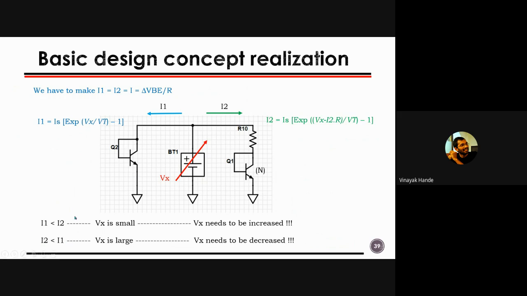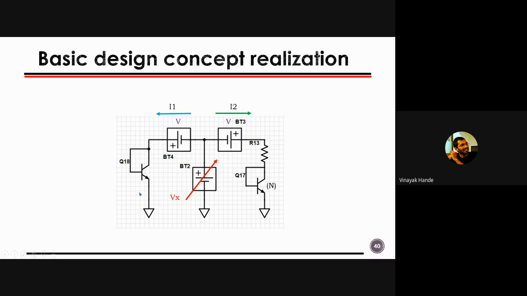From here you can see that if I1 is smaller than I2, Vx is small, and Vx needs to be increased to achieve I1 equal to I2. If I2 is smaller than I1, Vx is large, then Vx needs to be decreased. Right? Now I think the fact is established.